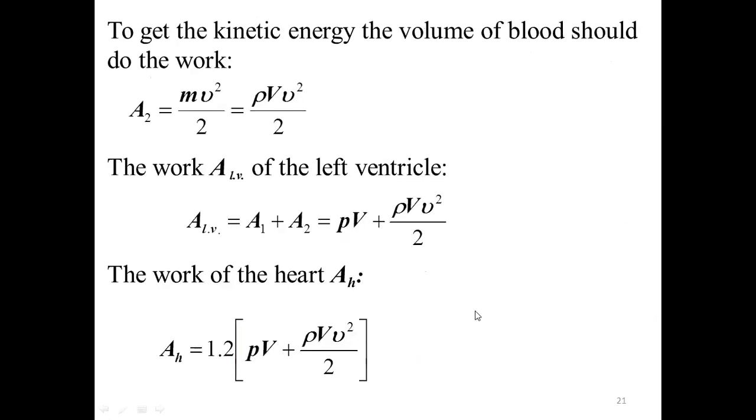So to get the kinetic energy, the volume of the blood should do such work: A2 equals mv squared divided by 2, or that is the same, rho v squared divided by 2. So the work of the left ventricle we can represent in such a form, and the work of the heart equals 1.2 times this expression in our parentheses.